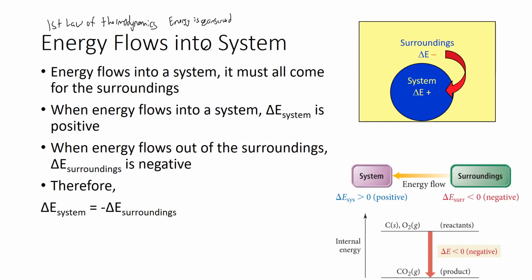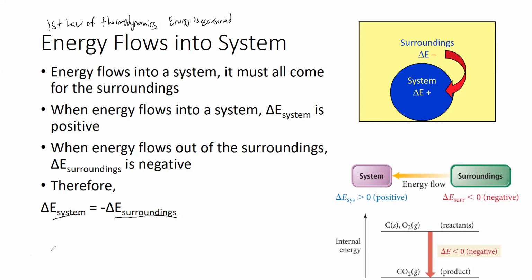So the way we talk about that is if we have two different energies, energy system and energy surroundings, what's my change in energy of my system? What's my change of energy of my surroundings? We have this mathematical equation. Delta E system, change in energy of my system, equals negative delta E surroundings.